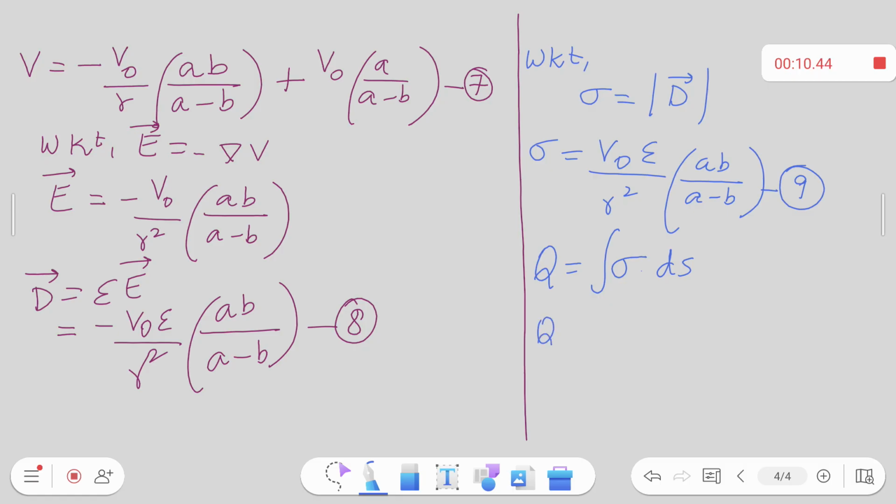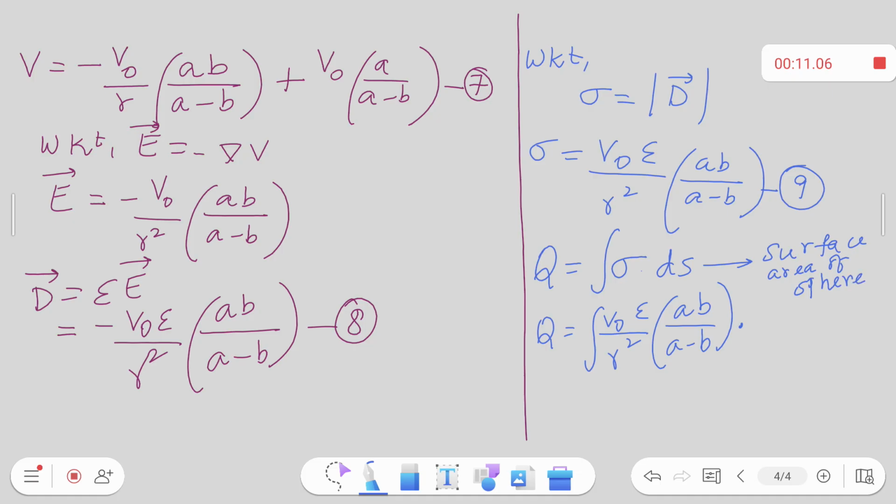So if I substitute, Q will be the integration of V0 epsilon by r square into ab by a minus b into dS. My dS is the surface area of a sphere. Since it is a spherical capacitance, my dS will be the surface area of the sphere, which is 4 pi r square.